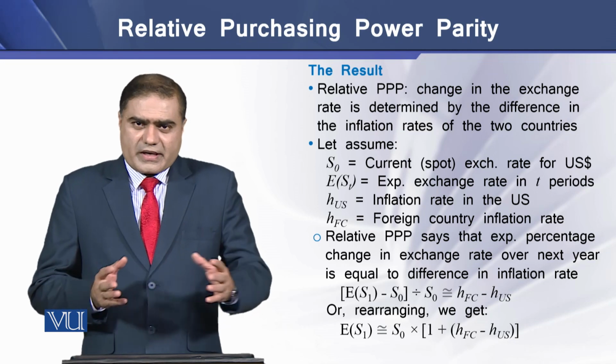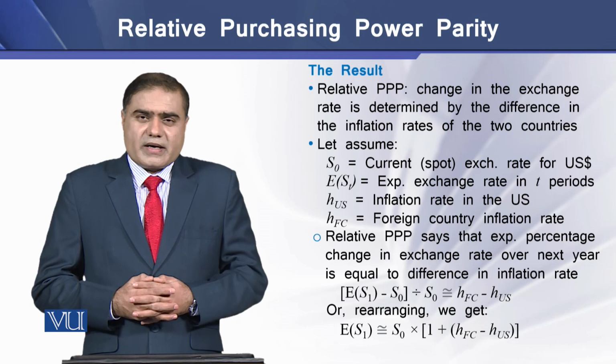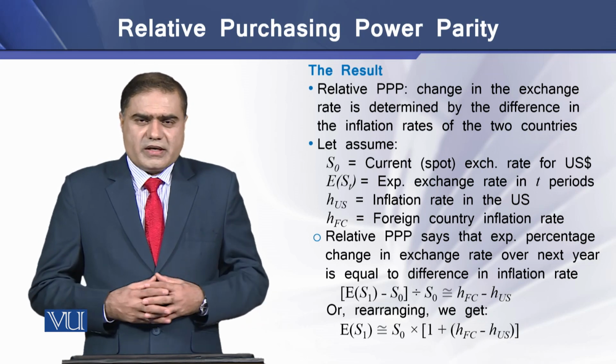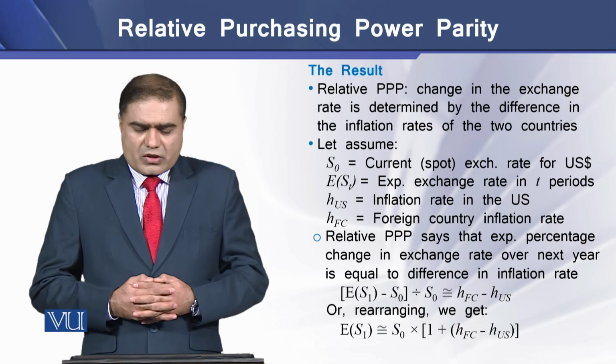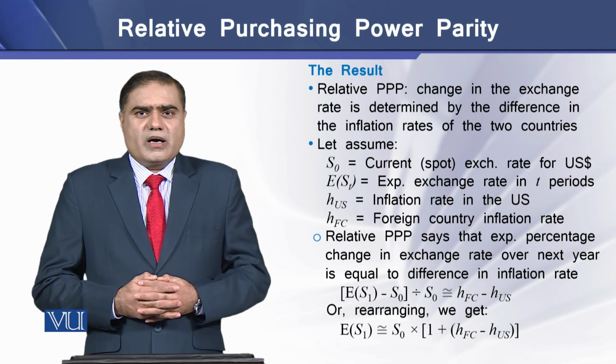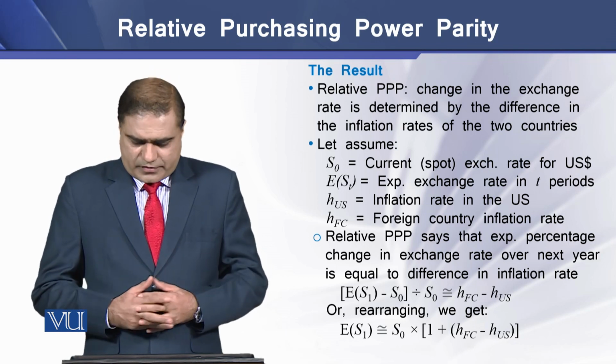If we rearrange this equation, it can be read as: the expected exchange rate is equal to the spot exchange rate grown at the differential inflation in the two countries.